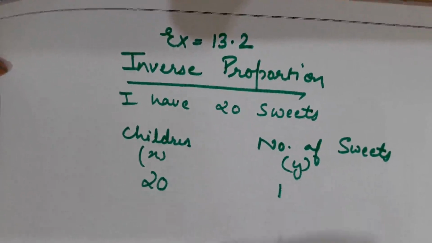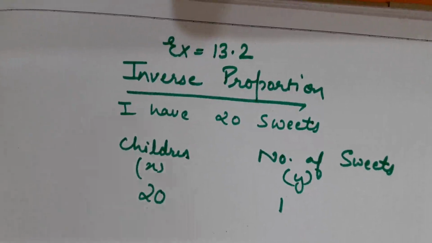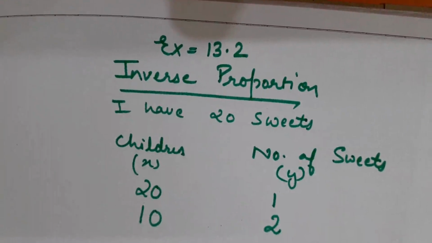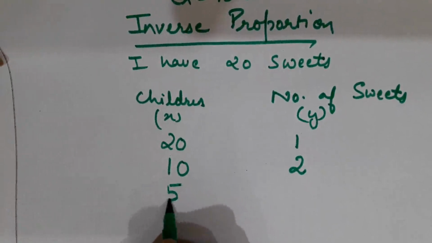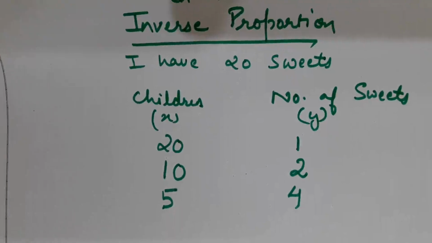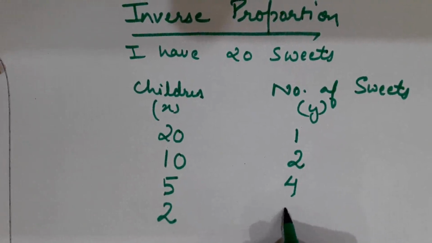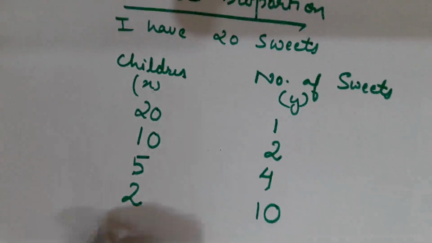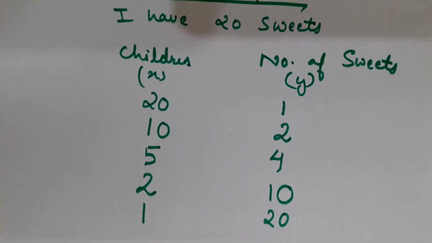Each student gets one sweet. If I have 10 children, I give 2 sweets to each student. If I have 5 children, each child will get 4 sweets. If I have 2 children, each child will get 10 sweets. And if I have only one, that single child will get 20 sweets.